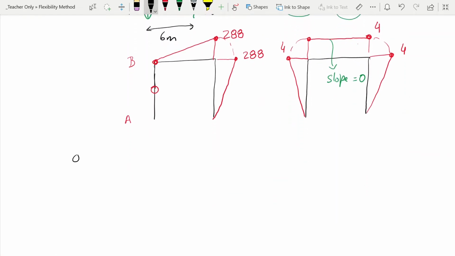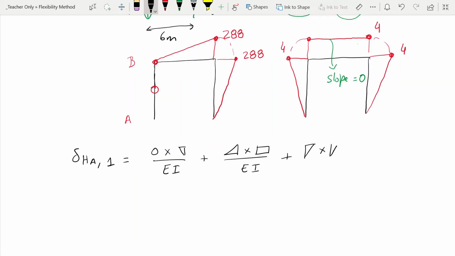So the first thing we're going to do is the horizontal displacement at A from structure 1. In this case the column on the left gives 0 times the triangle divided by EI, that's just 0, plus the beam, a triangle times the square divided by the EI of the beam, plus, finally, a triangle times a triangle divided by the EI of the column on the right.